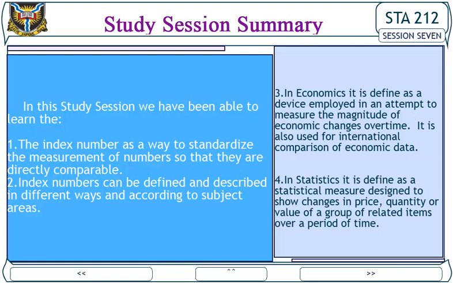In economics, it is defined as a device employed in an attempt to measure the magnitude of economic changes over time. It is also used for international comparison of economic data. 4. In statistics, it is defined as a statistical measure designed to show changes in price, quantity or value of a group of related items over a period of time.